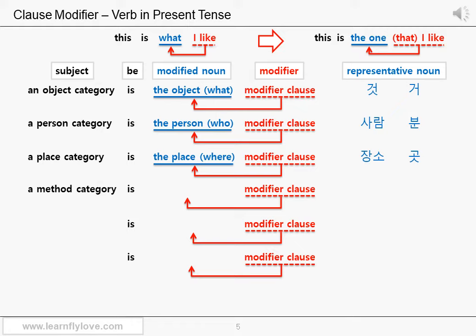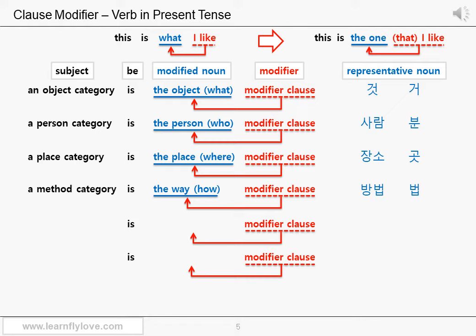When the subject is a word which is in the method category, which is very rare, so that the modified noun should be also about a method or a way, you can use 방법, which is the direct translation of the noun method, way, or means. You can also just use 법, which is taken out from 방법.